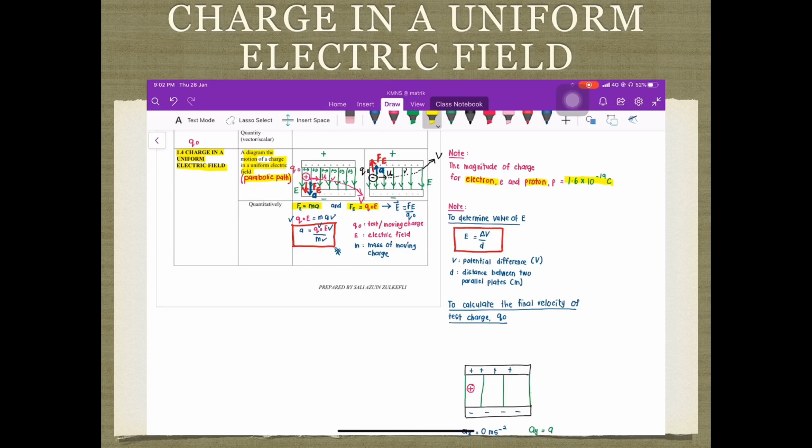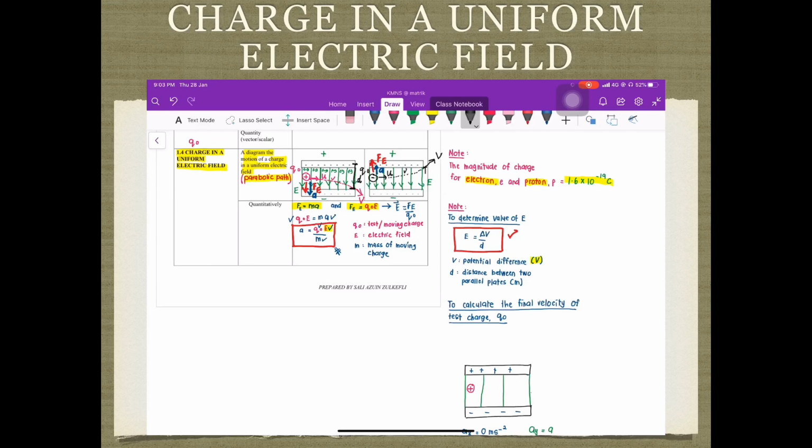Next, how to determine the value of E here? By using E equal to delta V over d. V is the potential difference in unit volt. d is the distance between the two parallel plates, meaning from the upper plate to the lower plate.